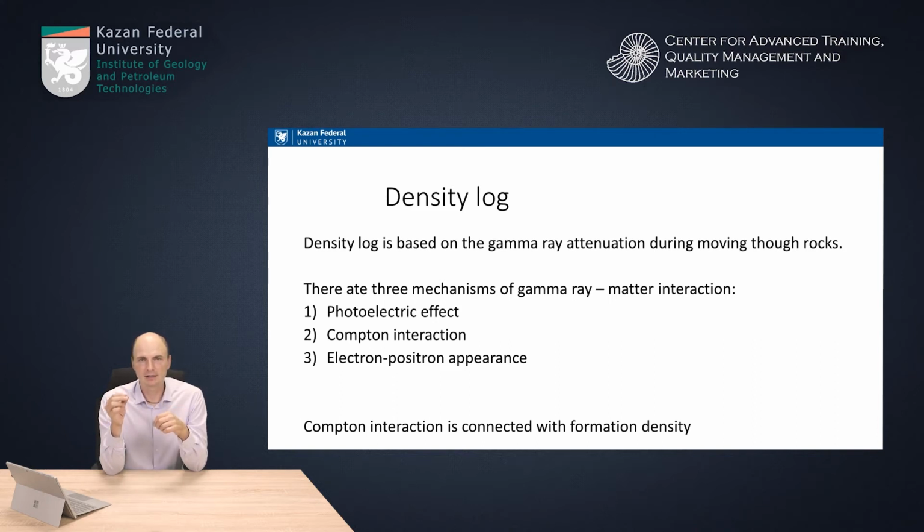Gamma rays are interacting not with the nucleus, but with the electrons that are flying around the nucleus. Now let's look at how it works in the case of the Compton effect. Imagine that we have hydrogen.